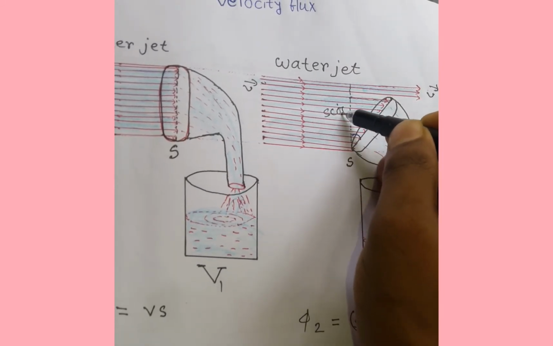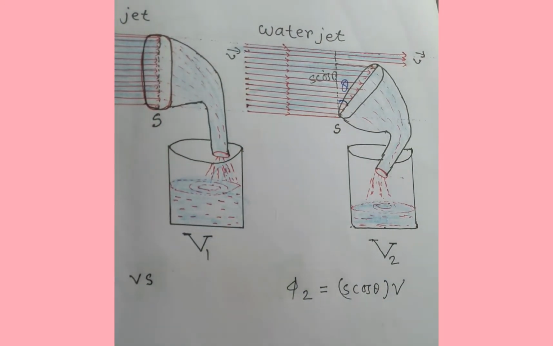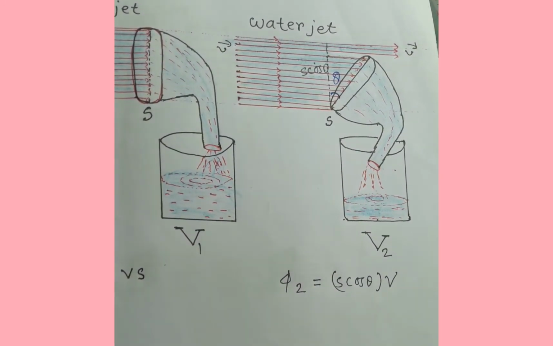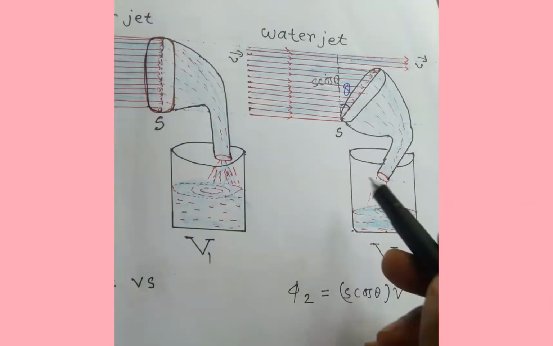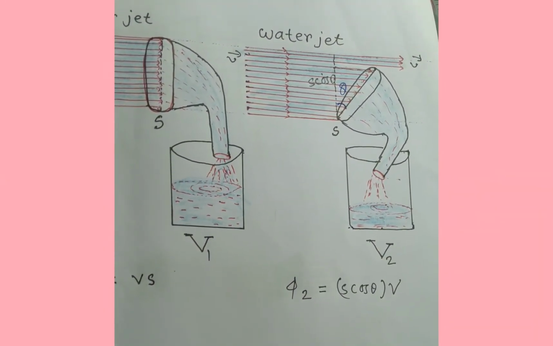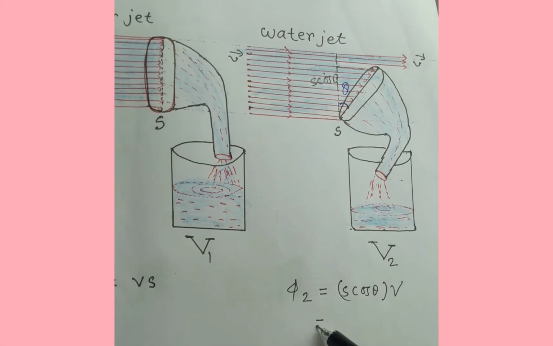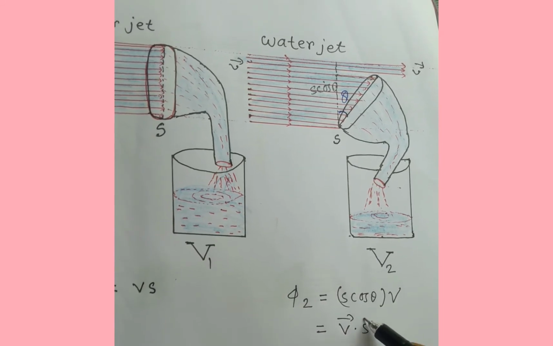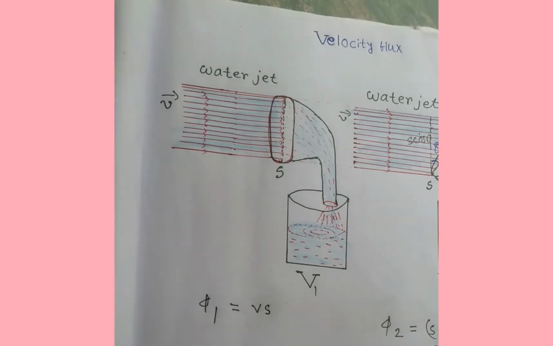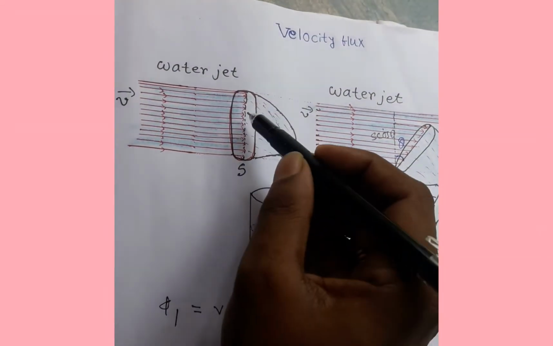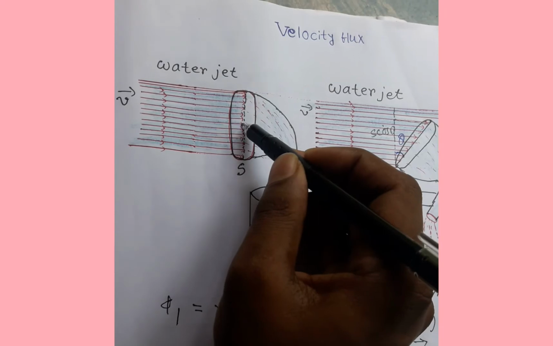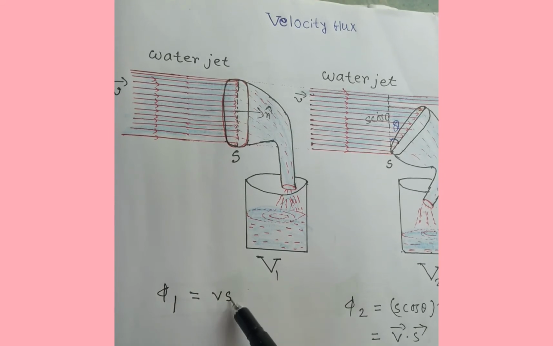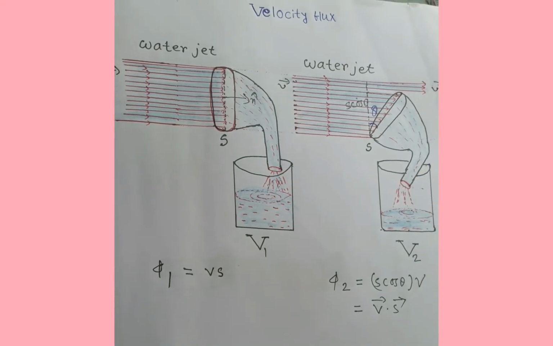Therefore, the rate of flow phi 2 equals S cos theta into V. We know the area is a vector quantity, therefore we can write this expression as V vector dot S vector. In the first figure, the angle between the velocity vector and the surface vector is 0. Therefore, here VS cos 0 equals VS.